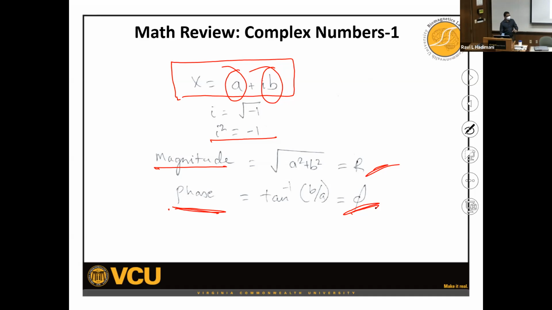Here is a quick bonus question. If i is the root of -1, i square is -1, what is 1 over i? People who are watching online, please type your message. I may not be able to see it now, but I'll see when I go back, okay?